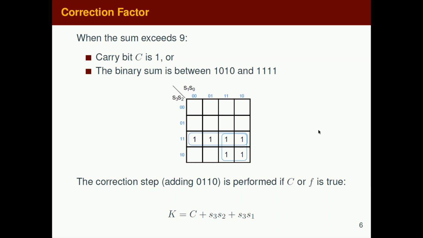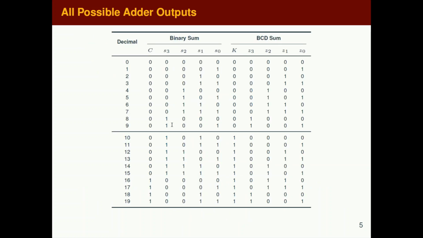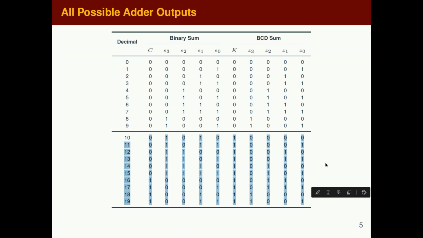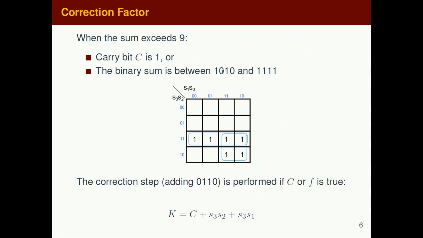Okay, look at this K-map. Actually, in this K-map, when the sum exceeds 9, which is from 10 above, your carry bit C is 1.